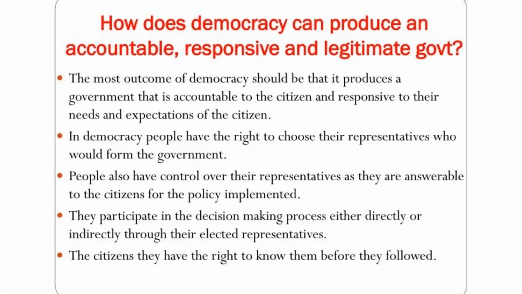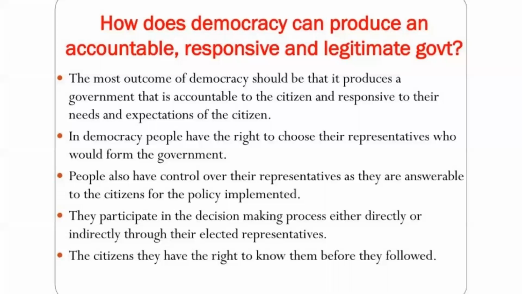This representative form is accountable to the people, because they are elected by the people and are answerable to them. People also have control over the representatives, as they are answerable to citizens for the policies implemented. People control their representatives through the election procedure.